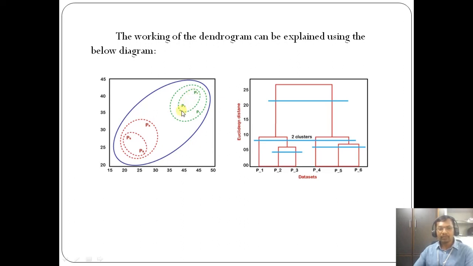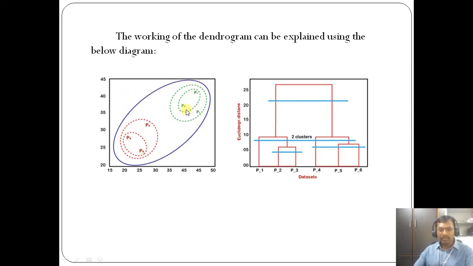After that we combine the P2 P3 cluster with P1, making another single cluster. Then we combine P5 and P6, and P4 with P5 P6. Finally we merge these two clusters into a single cluster. This is the algorithm we follow for agglomerative clustering.